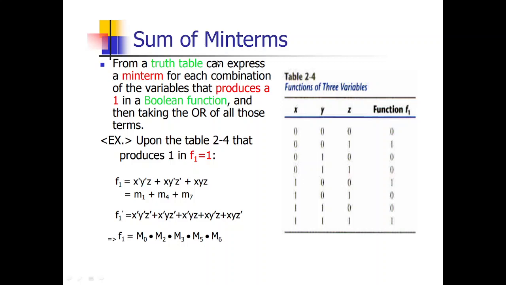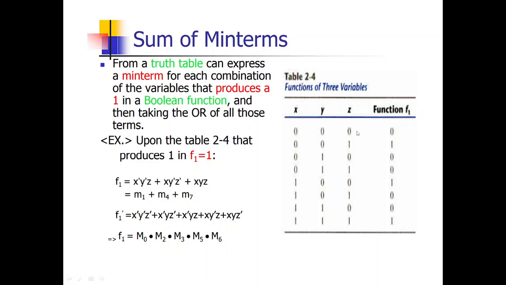So remember, in canonical form, it may be either a sum of min terms or a product of max terms. All the terms should consist of all the variables. Okay, right. Next we'll discuss the sum of min terms.